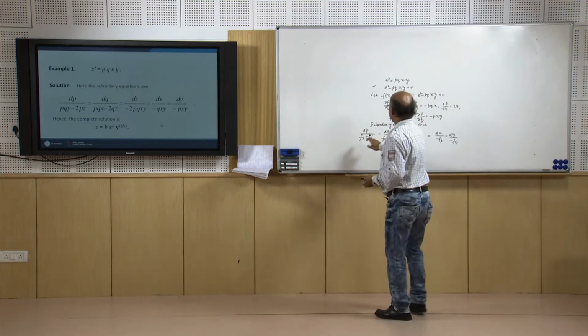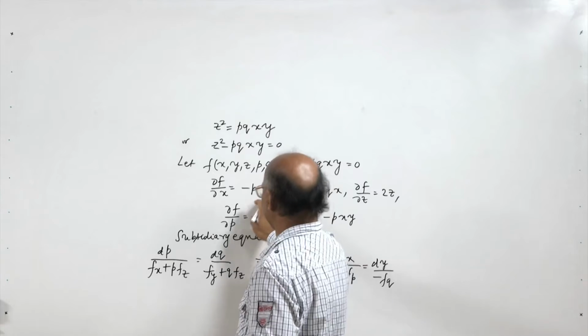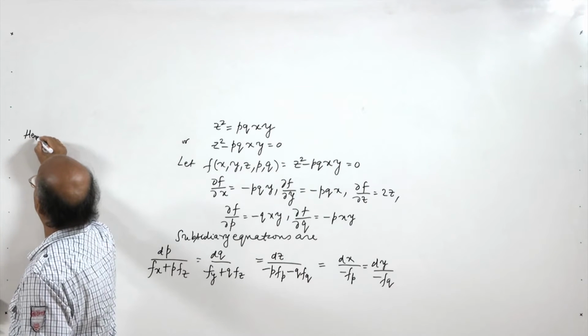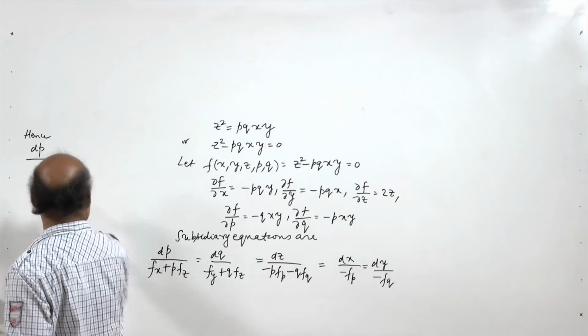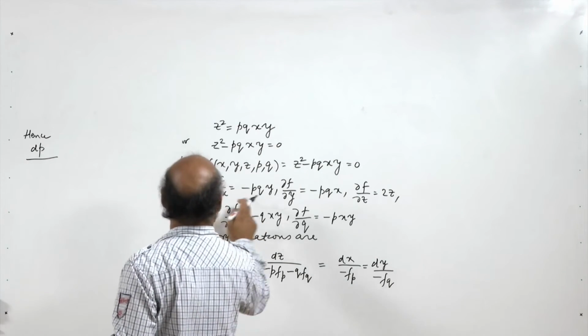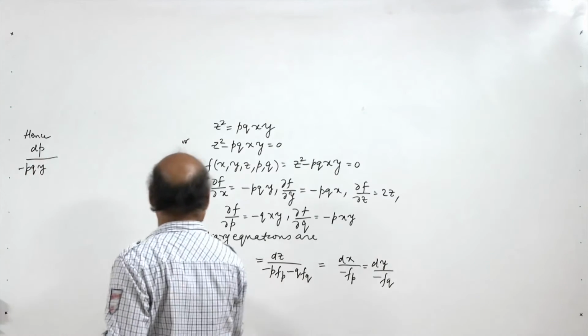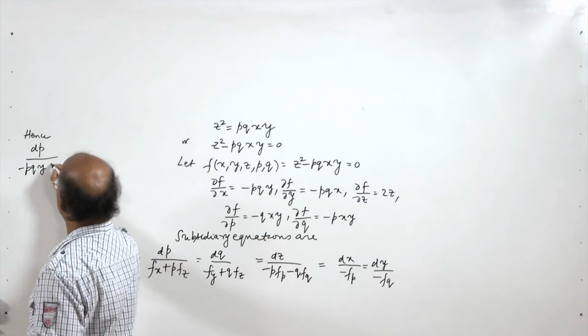So dp over (fx plus p fz); fx is equal to minus p q y, plus p fz, p fz is 2zp.